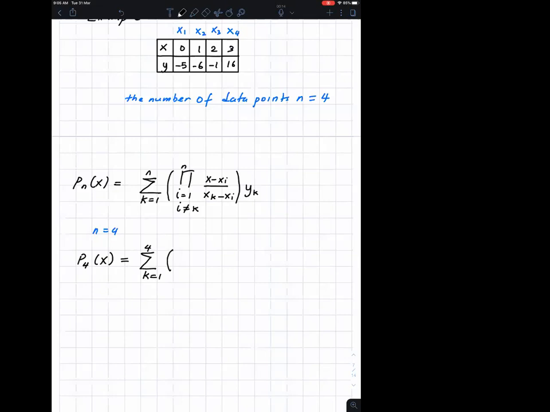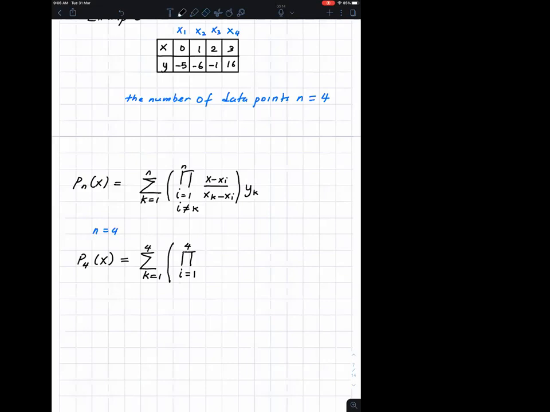And then the product, i goes from 1 to 4, with the condition that i is not equal to k.